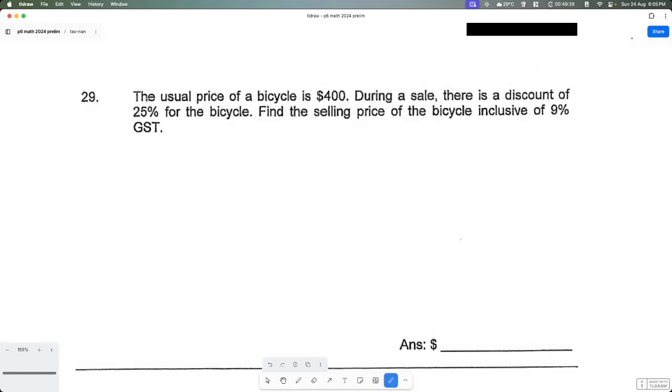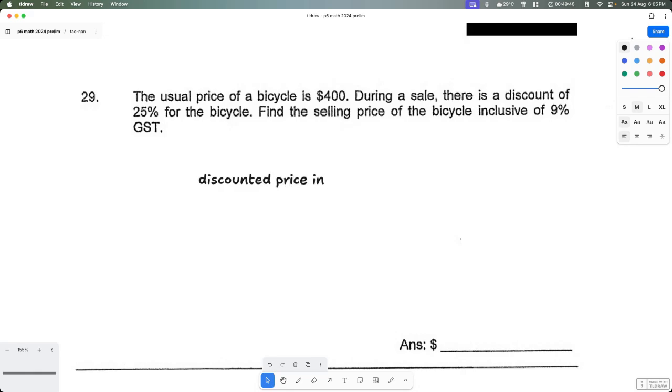It says here the usual price of a bicycle is $400. During a sale, there is a discount of 25% for the bicycle. Find the selling price of the bicycle inclusive of 9% GST. All right, so that means the discounted price in percentage is equal to 100 minus 25, which is equal to 75%.